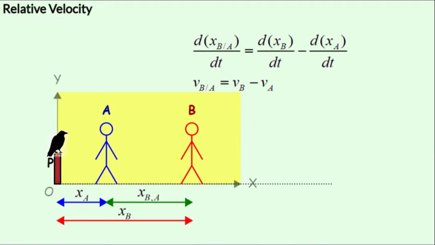It is very similar to the relative displacement equation, and as was mentioned in the previous lesson, the relative displacement formula is the only one you really have to keep in mind for this chapter on relative motion.